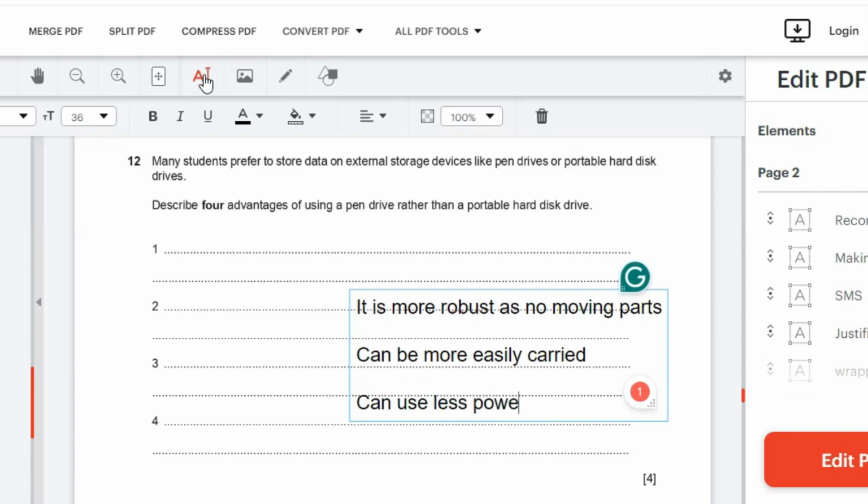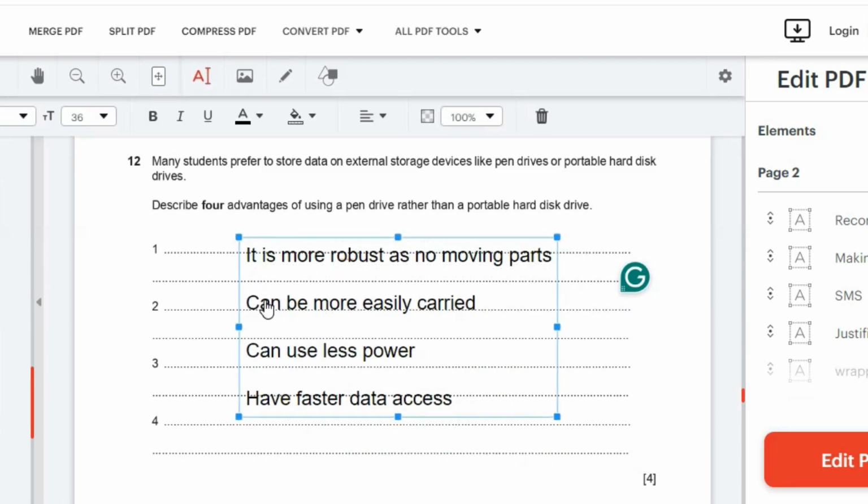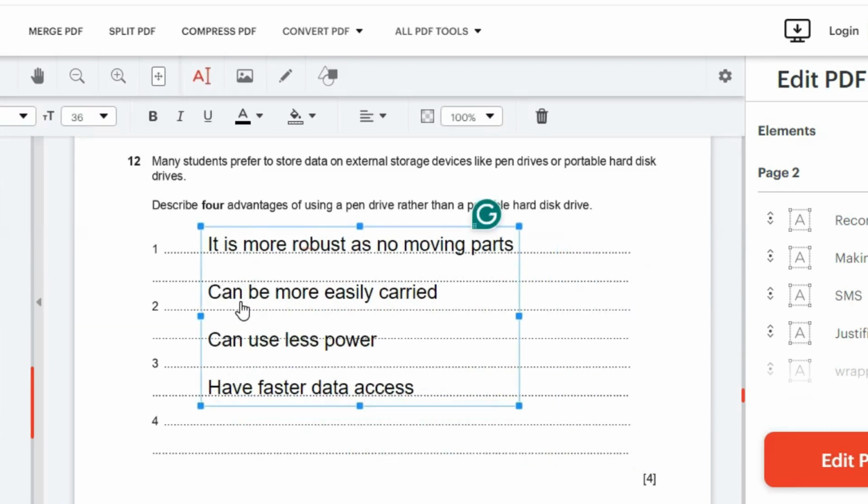And the number 4 is what? Have faster data access. Others include have faster transfer times.